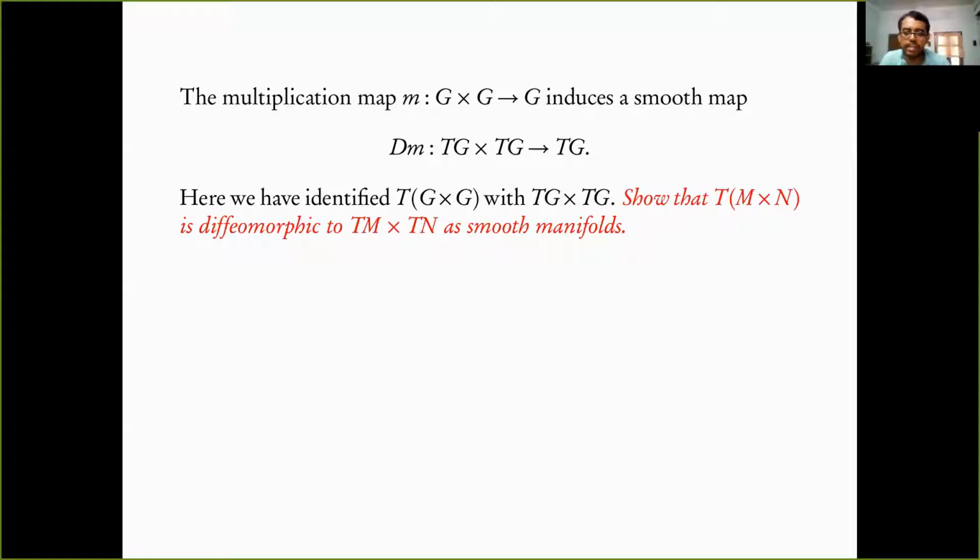And we had hinted at how to do this problem by looking at charts and so on. But if you haven't done that, then this is a good time to do this exercise afresh. So this is what we are using secretly. The tangent bundle of G cross G is canonically diffeomorphic to tangent bundle of G cross tangent bundle of G as a space. So you have a smooth map from TG cross TG to TG.